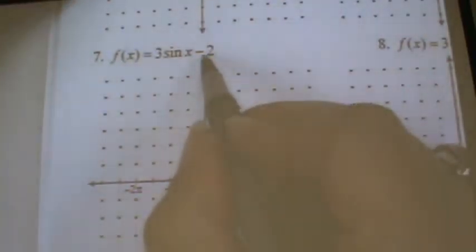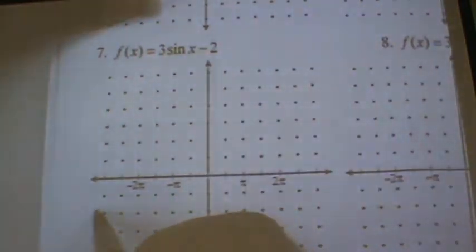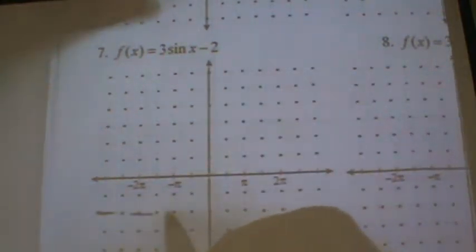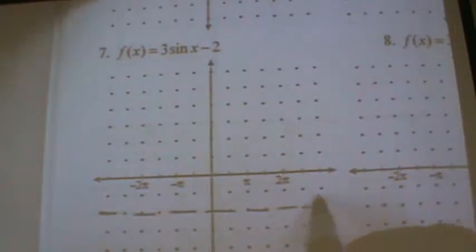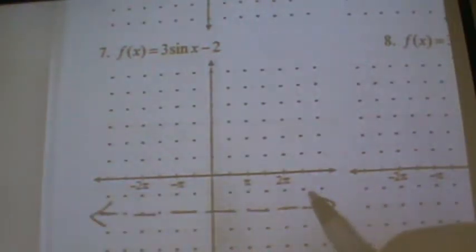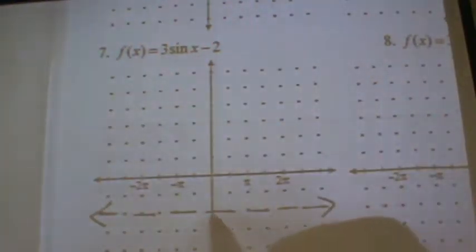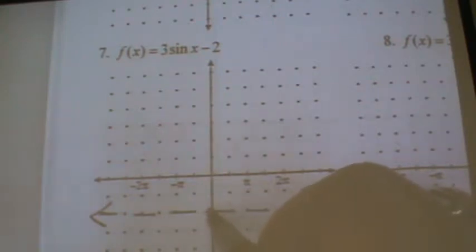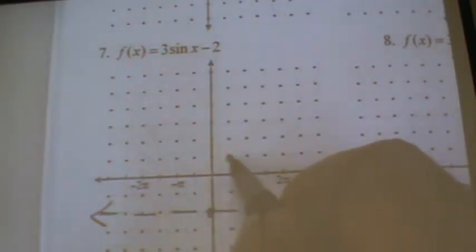Okay. Number 7, where do you start there? Negative 2. Then what? Go up 3. Do I go up 3? No, it's a roller coaster. Starts here, and then go where? Up 3. Back on. Just like this.